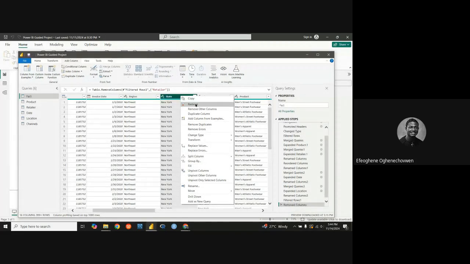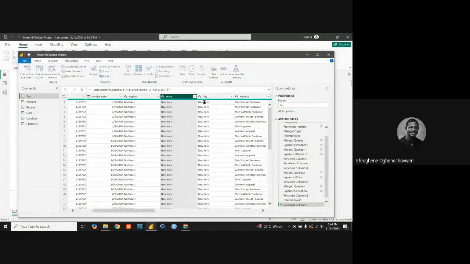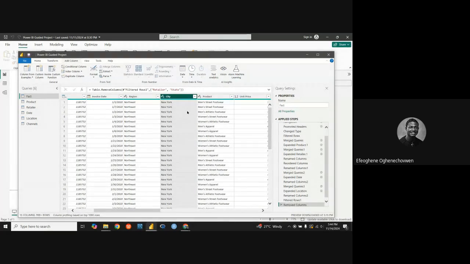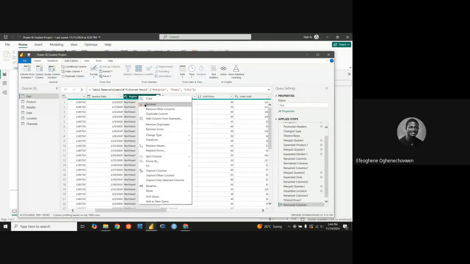So we can remove this, because we already have a foreign key that is linked up to the primary key in our dimension tables from the fact table. All right. So the foreign key and the primary key already know, we already have the attributes in the respective table. So get rid of this.